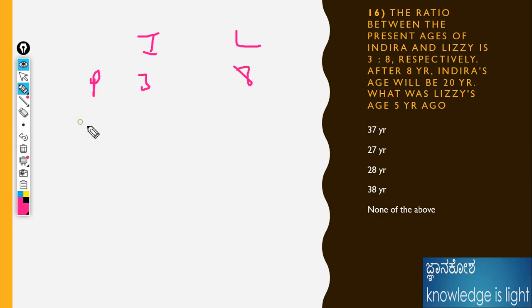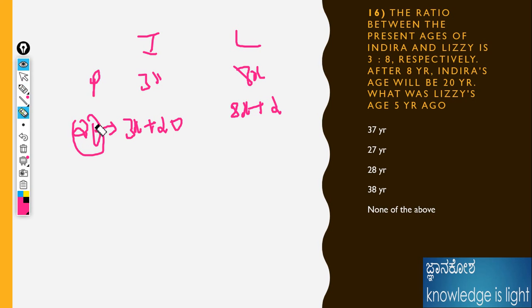This is also after 20 years, that means future. Next one, 3x plus 8, 8x plus 8. Sorry, this is the 8 the question is asking.